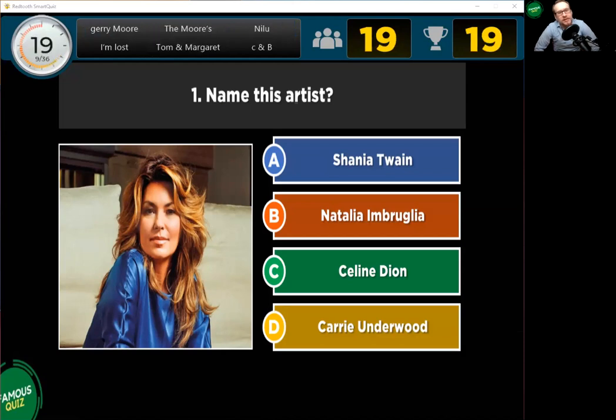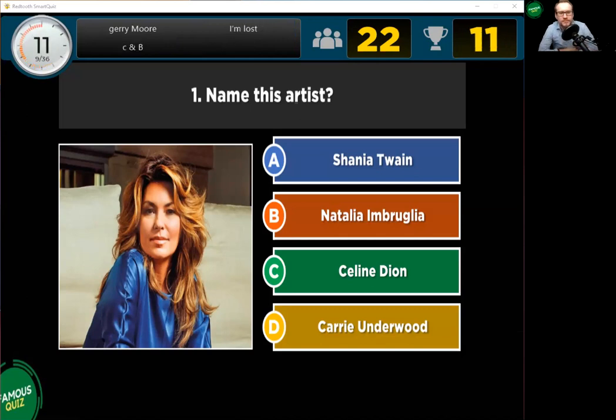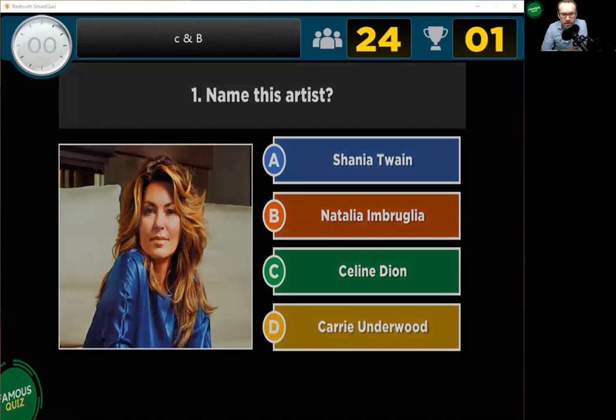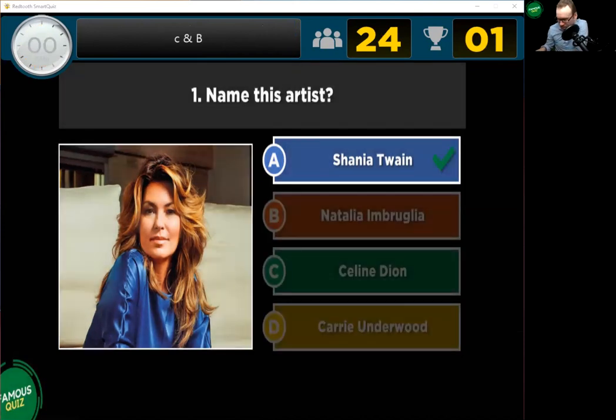I cannot tell this person is a proper pop singer, but she's definitely country pop. 6 seconds to go. Remember, time is important. Okay, let's see. Correct answer, Shania Twain. 18 correct answers. Perfect.